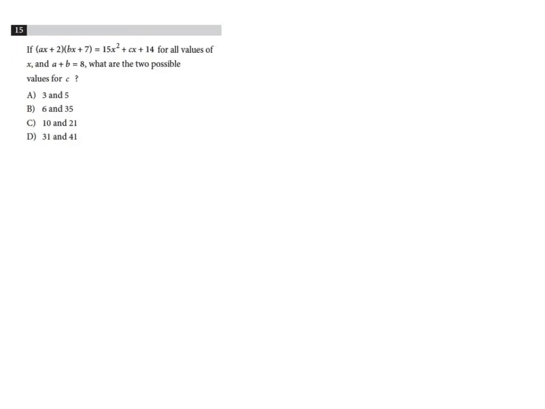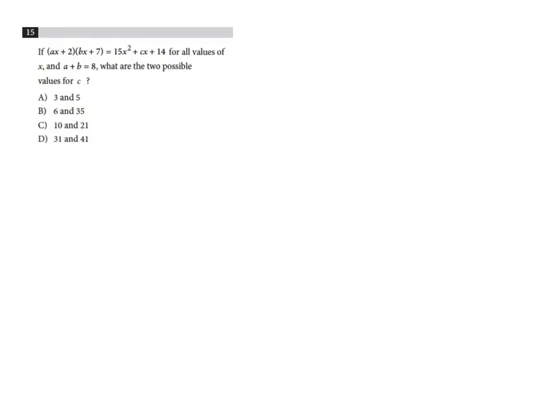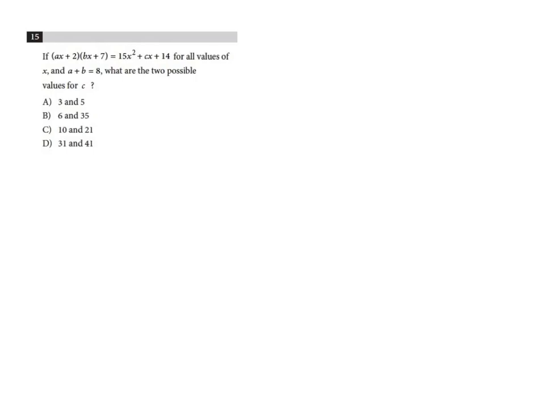Okay, we've got this equation here, and it's true for all values of x, and we know that a plus b equals 8. What are the two possible values of c? Alright, so let's dive in. If I expand this business going on over here on the left, I think that would help.